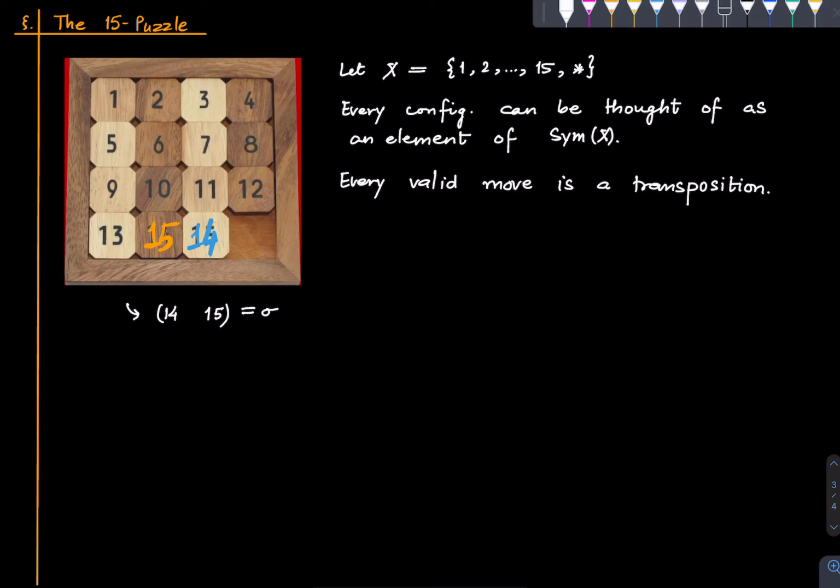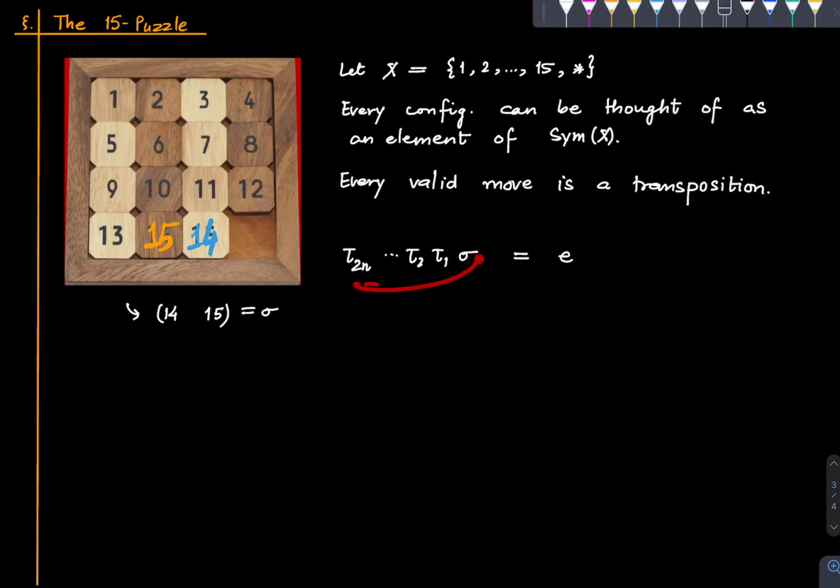So if at all sigma can be brought to the solved position via a sequence of valid moves, then you're starting with sigma, and then you have a transposition, then another transposition, and so on, a total of some even number of transpositions, which will give you the identity permutation. Let me write that as E. So some even number of transpositions applied after sigma gives us the identity.